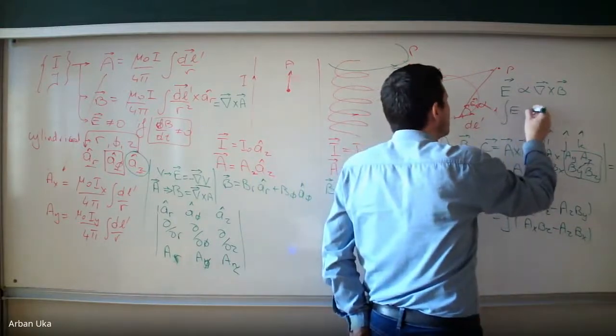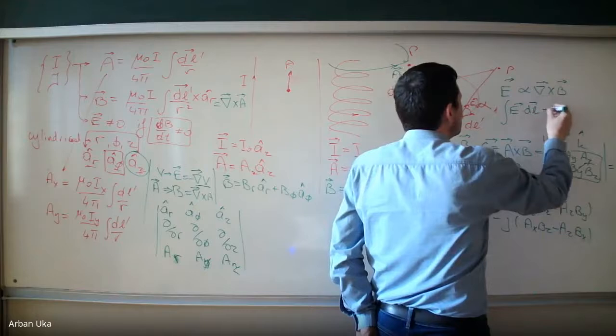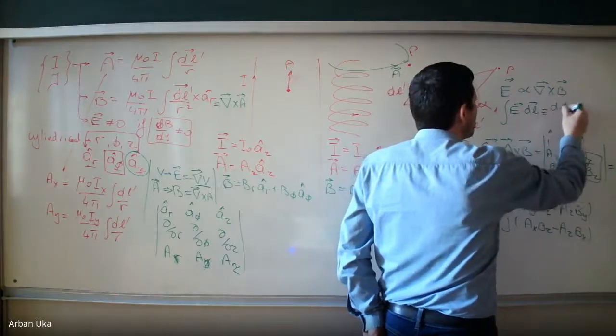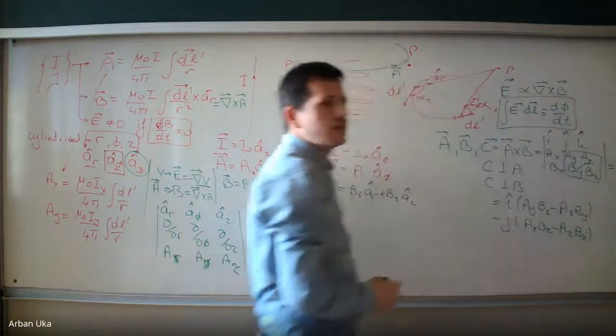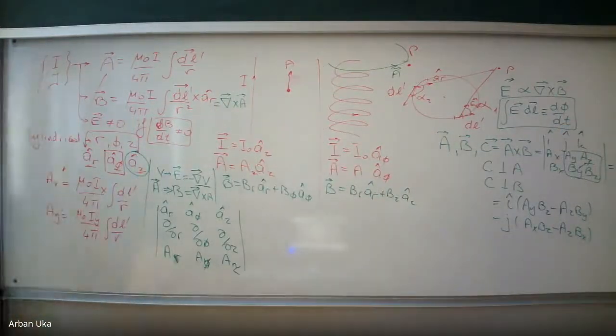We've seen that the closed integral of E dot dl was equal to minus the rate of change of the magnetic flux as a function of time. I believe we have seen this, okay? Or maybe we'll solve a couple of examples regarding this.